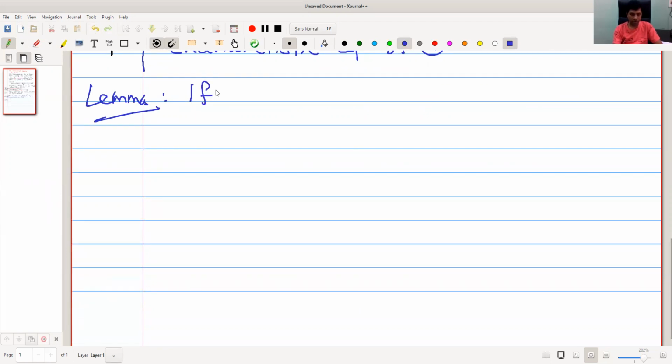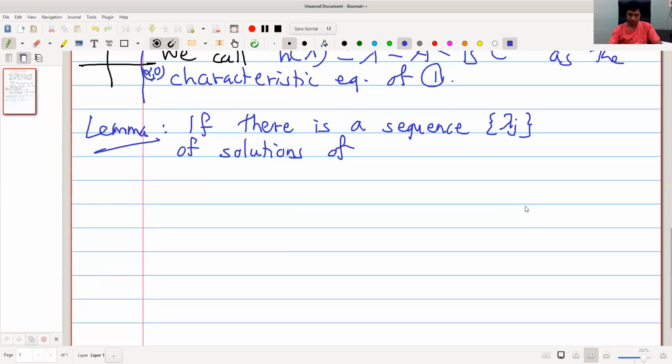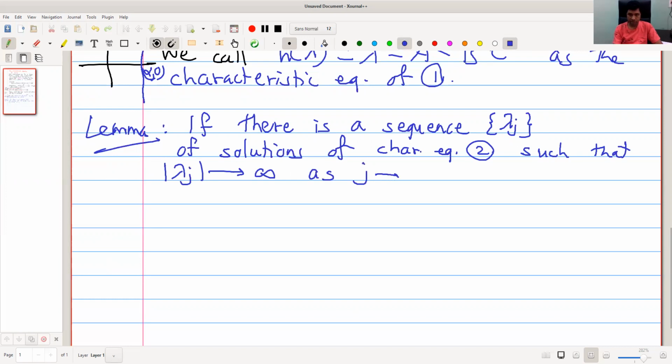If there is a sequence lambda j of solutions of characteristic equation 2 such that the absolute value of lambda j tends to infinity as j tends to infinity.